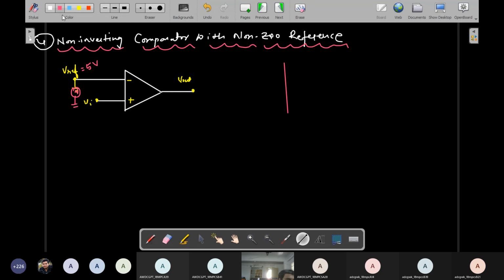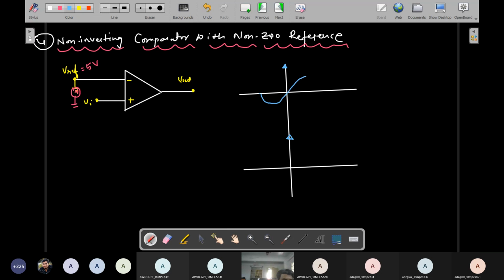This is your input voltage, and this is your output voltage. For the input voltage I gave the same situation. This is the negative peak and this is the positive peak, and this is a positive peak and this is a negative peak.